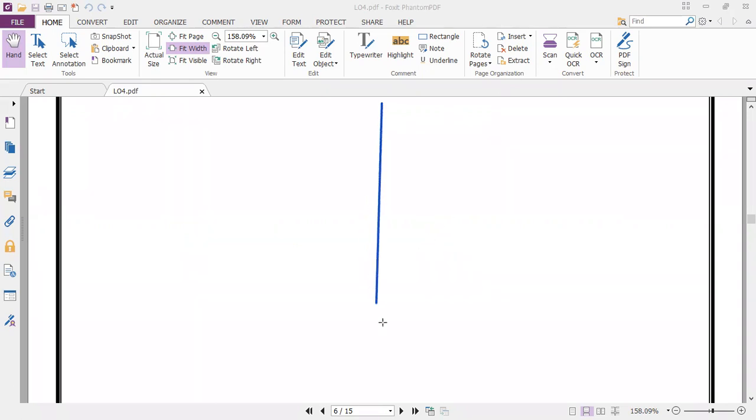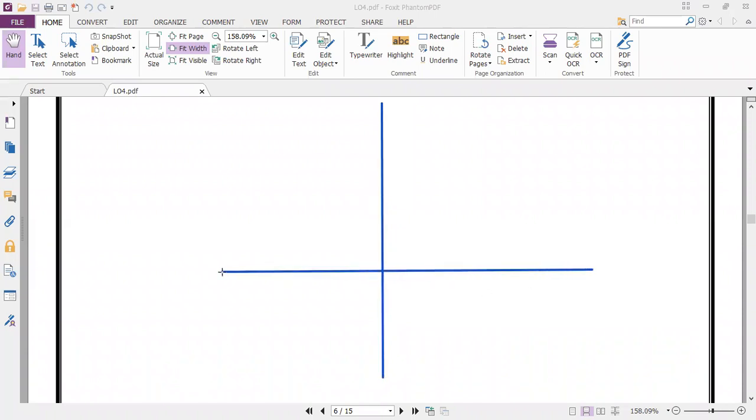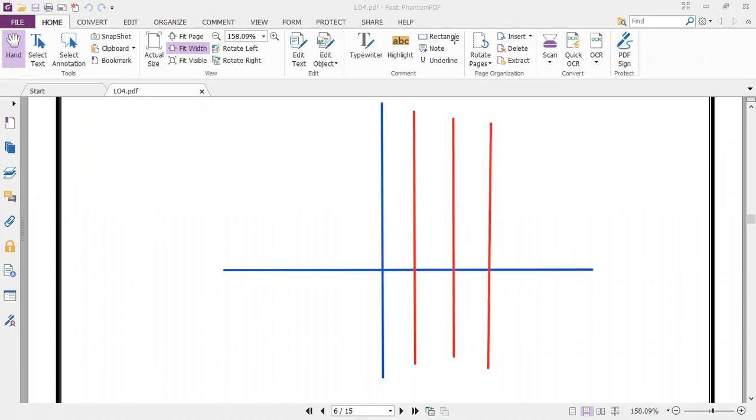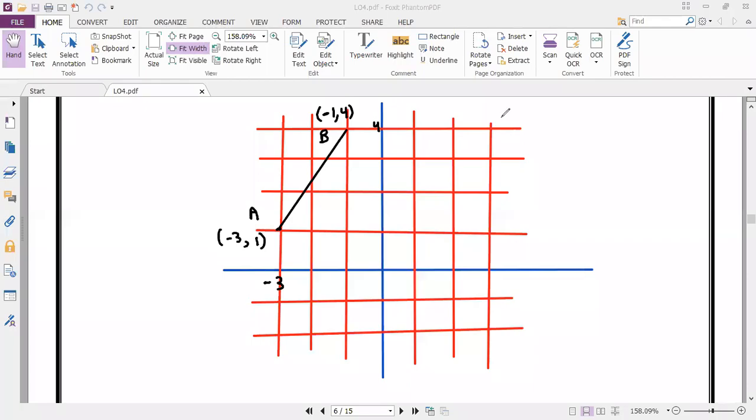Now let's go to the XY coordinate plane just to show you something very important. Here I have the vector AB.